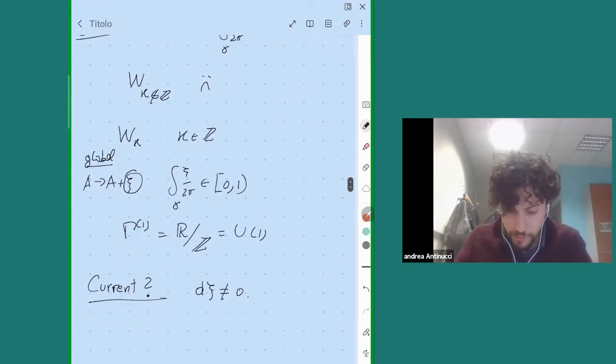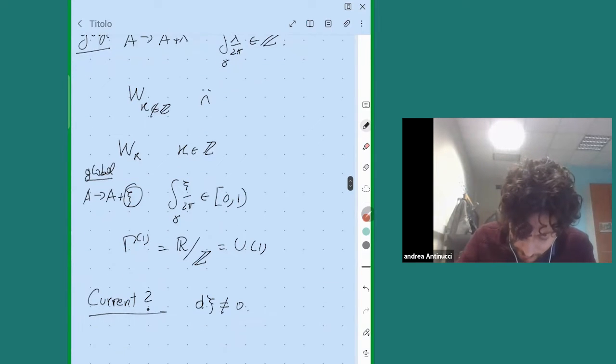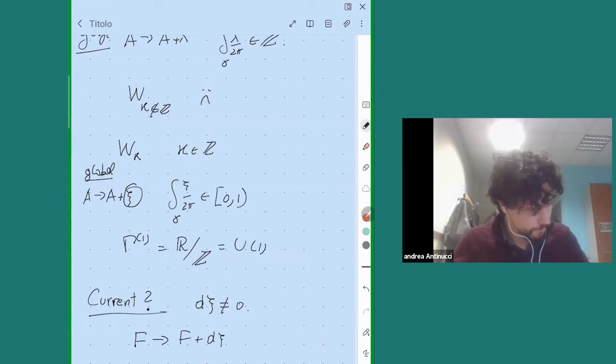If you do it, basically you will realize that even F will not be invariant. So F will go into F plus d psi, of course. And so the action will change by something like this: integral of d psi wedge star F. Then you integrate by parts.